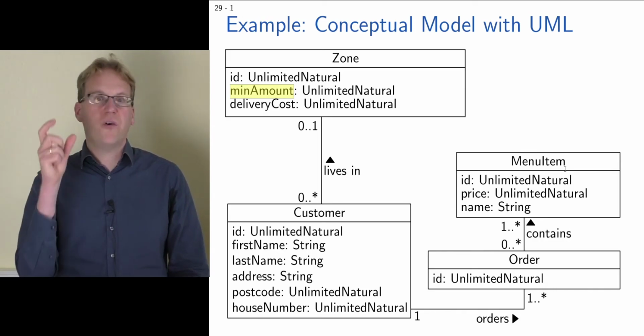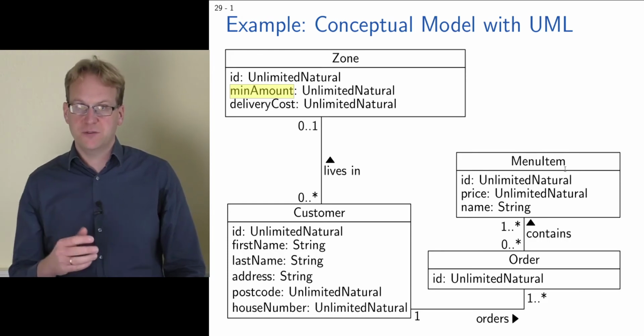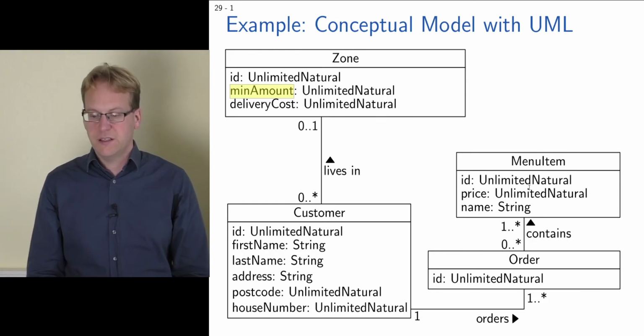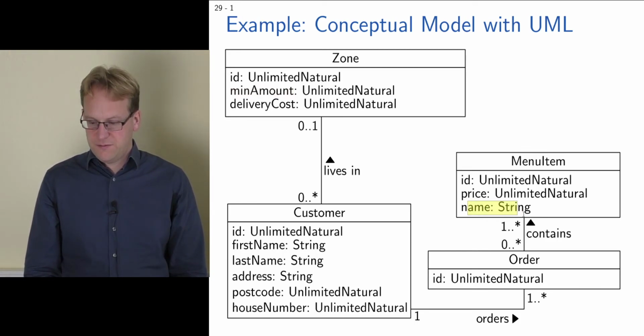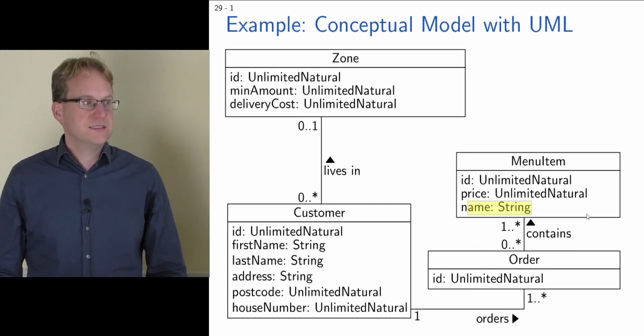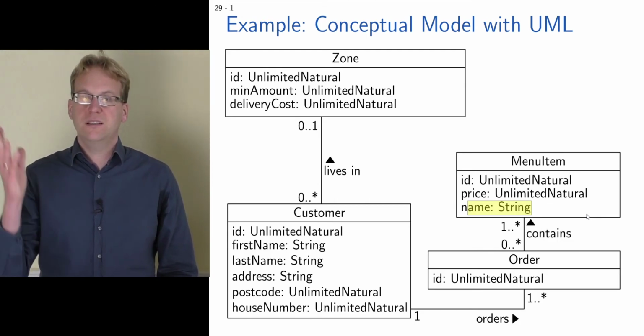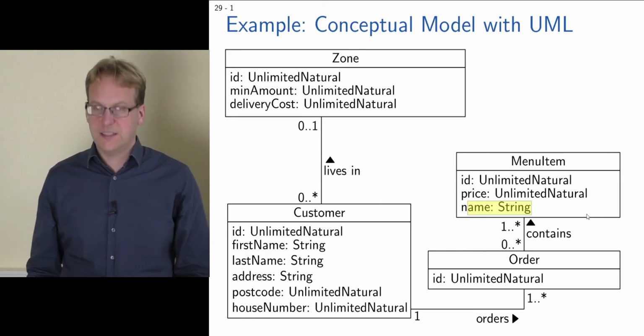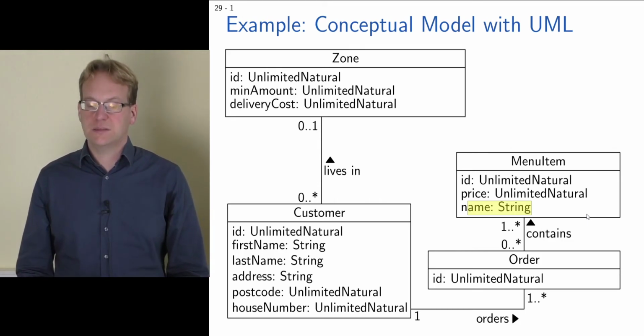Yeah, I would like to order number 13 from the menu. So every menu item has a number. That is this identifier. Then of course, for each menu item, we have a name, let's say pizza fungi or pizza margarita. That is the name of this menu item.